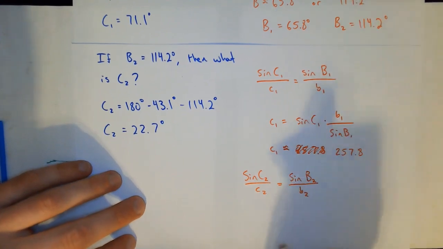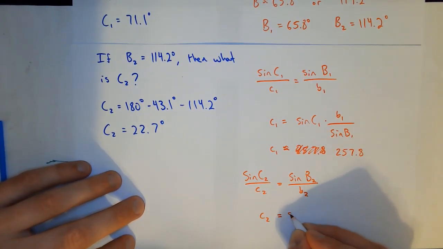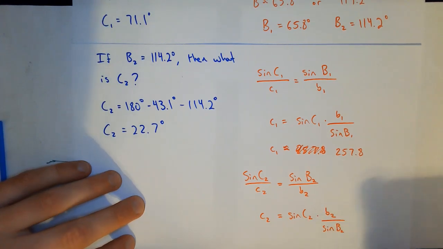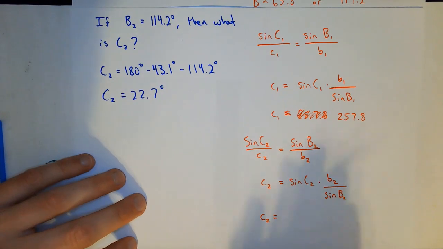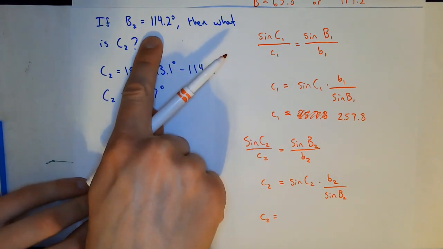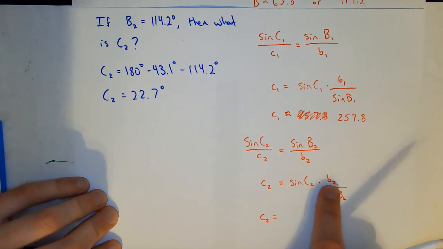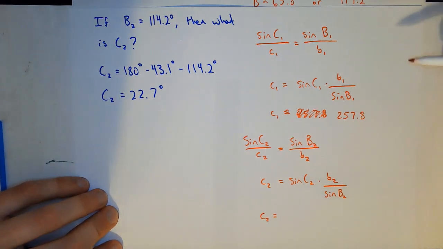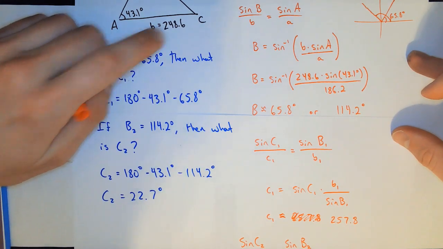Okay, so little c2 will be equal to sine of capital C2 times that fraction upside down, when I solve for that via some algebra. So now I'm plugging in the B2, which is the 114.2, and C2, which is 22.7, and the side measure b2 will still be the same as it was right here, 248.6.